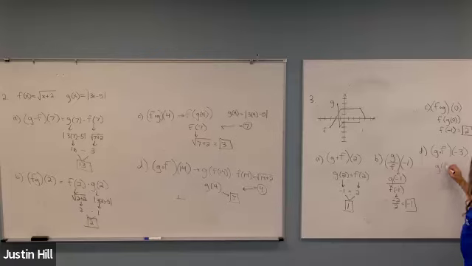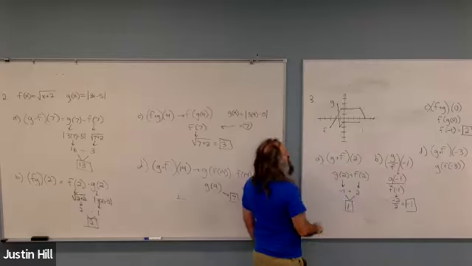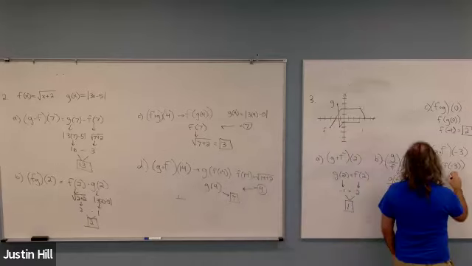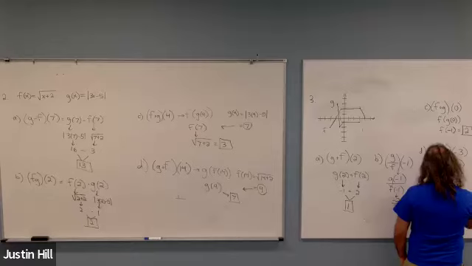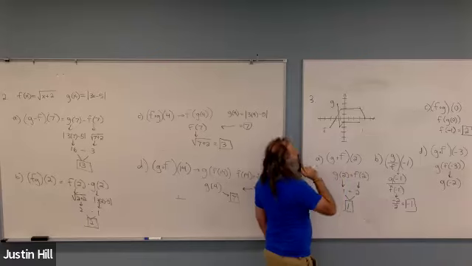And G composed F is G of F of -3. So using our graph, what is F of -3? F of -3 is -2. And then what is G of -2?